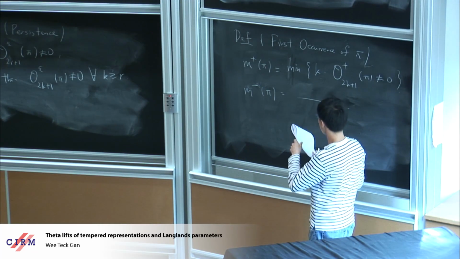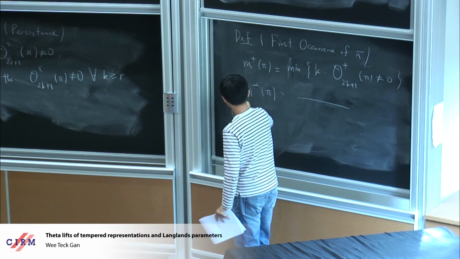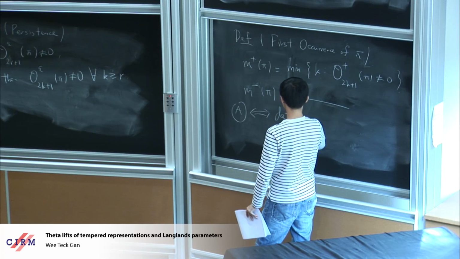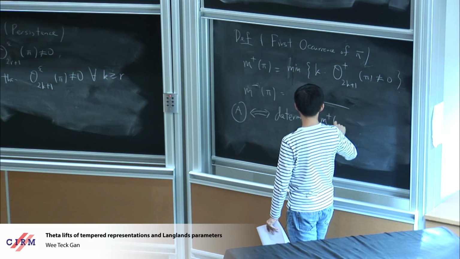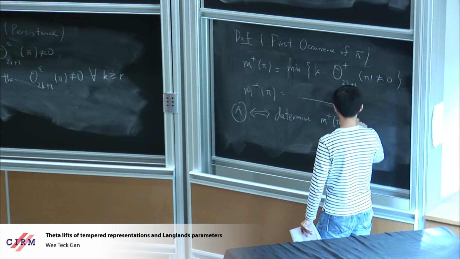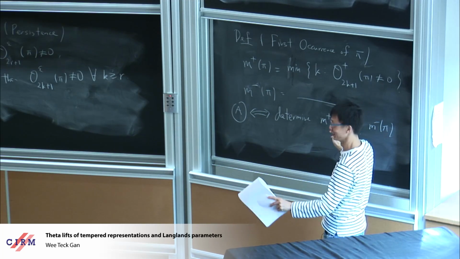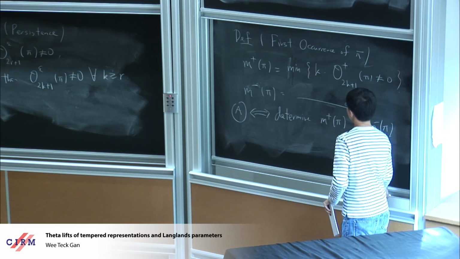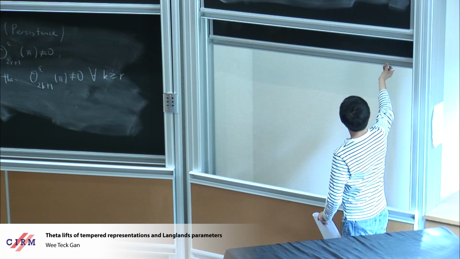So problem A is equivalent to determining these two numbers. Because if you know what these two numbers are for both towers, you know it completely. Now, there are two numbers you have to compute.